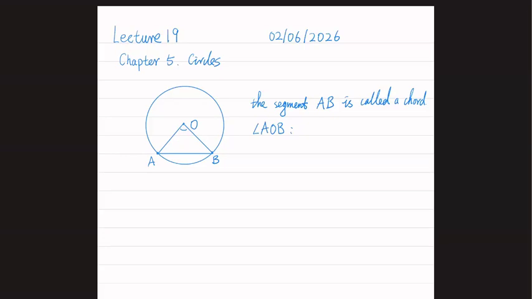I don't remember. It's the angle where all three of them are equal, right? Well, not there yet. First, what is it called? It's called the central angle.